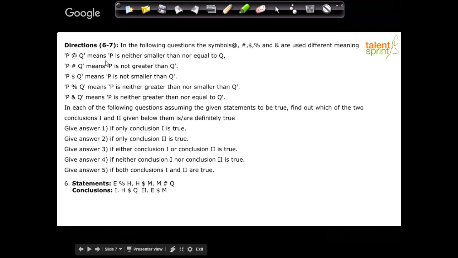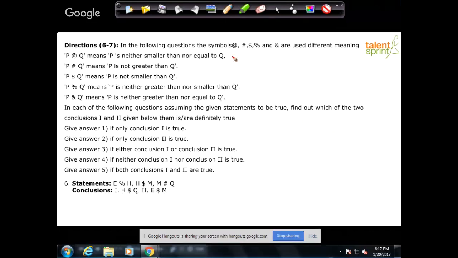We have to identify what symbol means what, and then see which of the statements and conclusions hold true. So let us start to define which symbol stands for which mathematical operation.